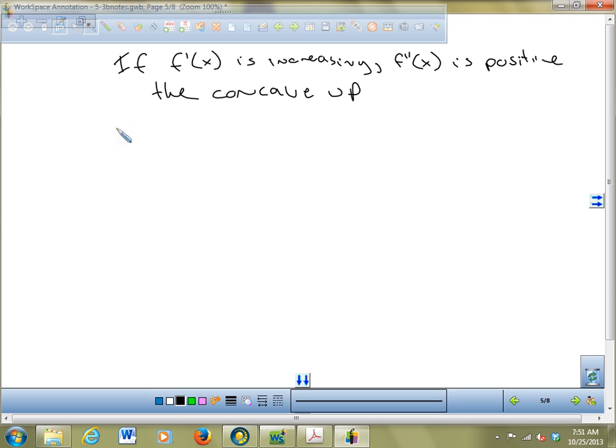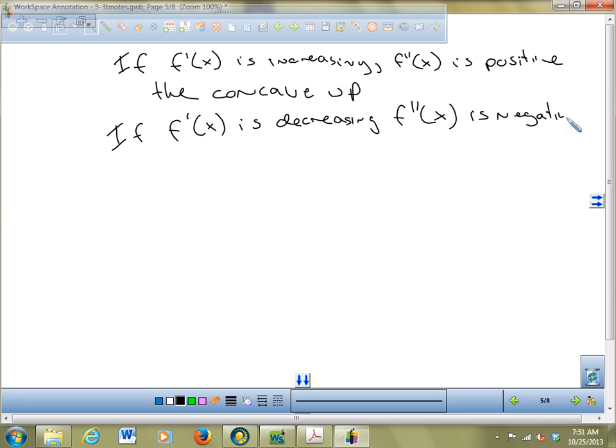And vice versa, if f prime of x is decreasing, meaning f double prime of x is negative, then concave down.